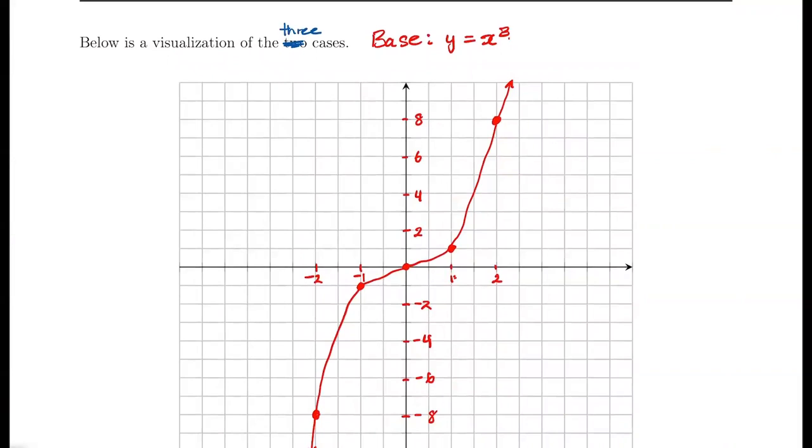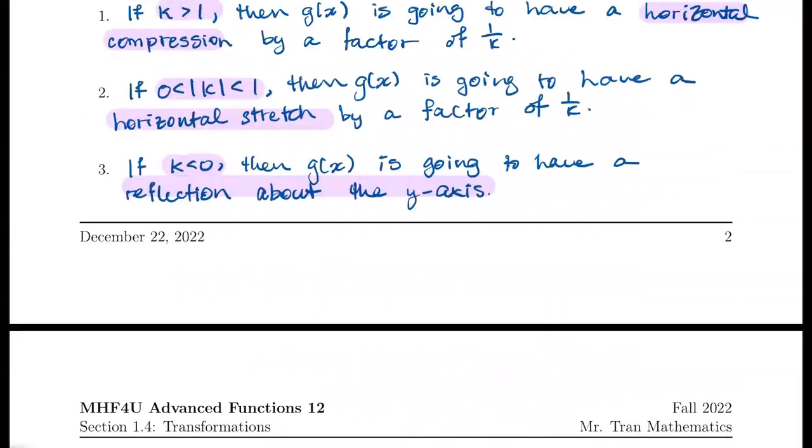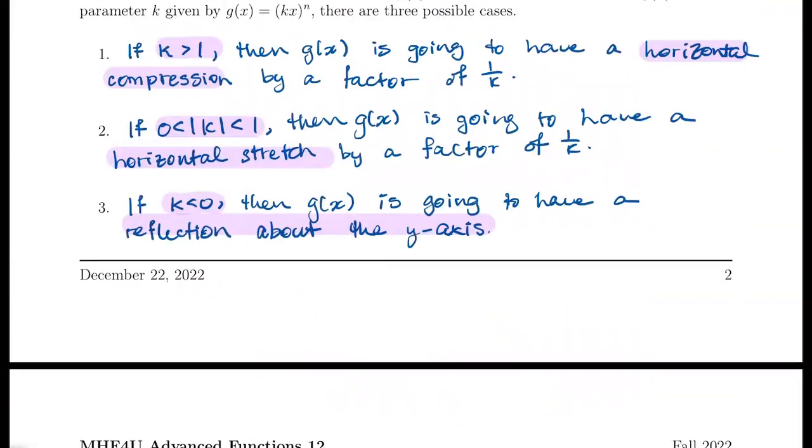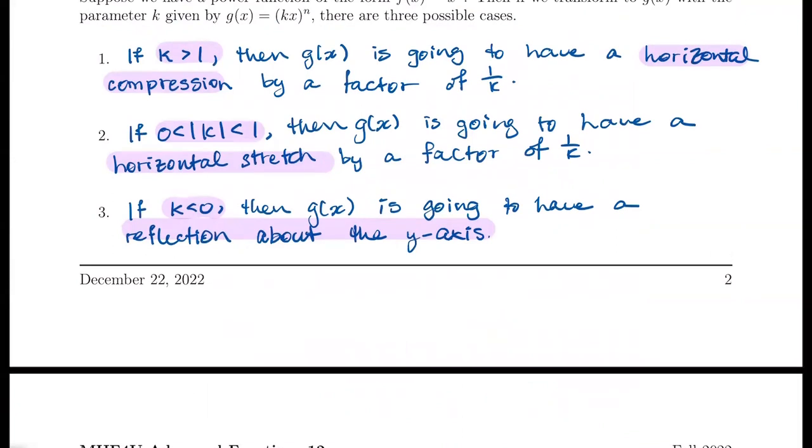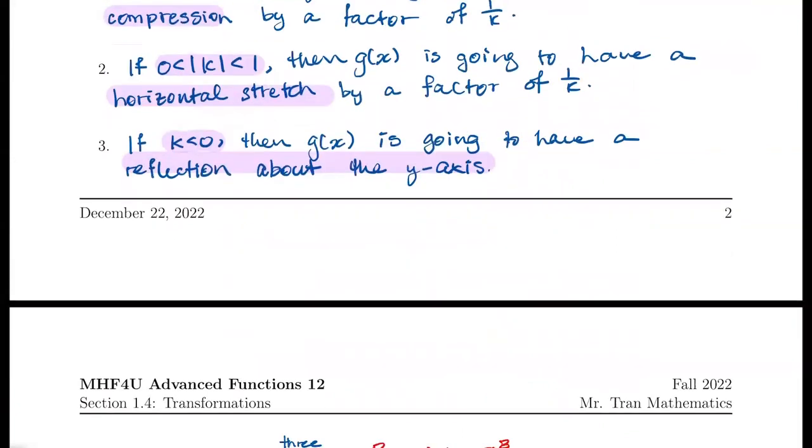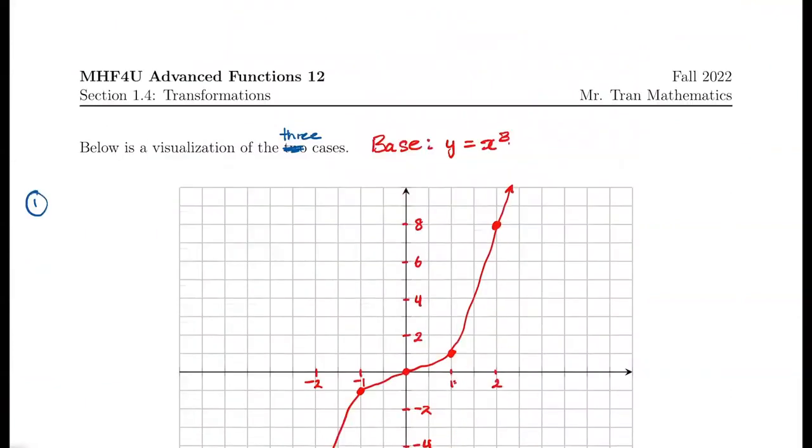So let's do the same thing. Let's have a look at the first case. Whenever we have a horizontal compression by a factor of 1 over k, this k is going to go inside the function. So let's say we have a horizontal compression by a factor of 1 over 2. That means inside the brackets, we're going to have (2x) to the third.